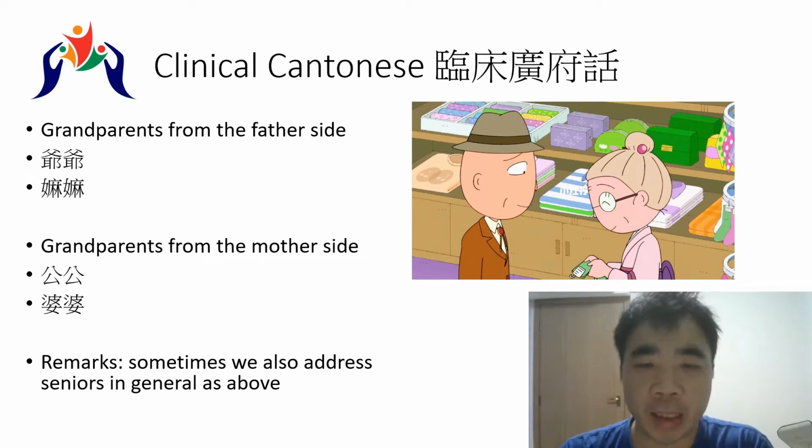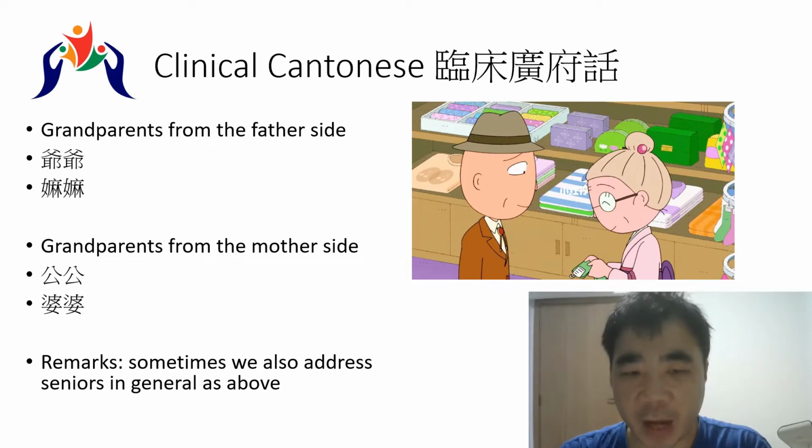For example, in English speaking, we say grandfather, grandmother in general, but in Cantonese, we further specify for father side or mother side. For the father side, grandparents, we call it 爷爷, ma. Let me repeat, 爷爷, ma.